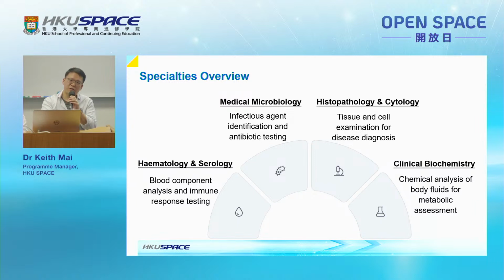In histopathology, for example, if you are undergoing surgery and the doctor is unsure if the tumor is malignant or non-malignant, then they will need the expertise of the histopathologist to go through different types of staining or molecular techniques to identify if those tumors are malignant.